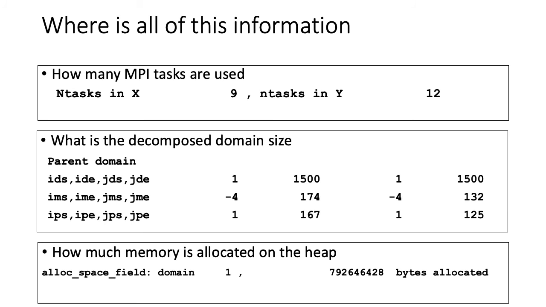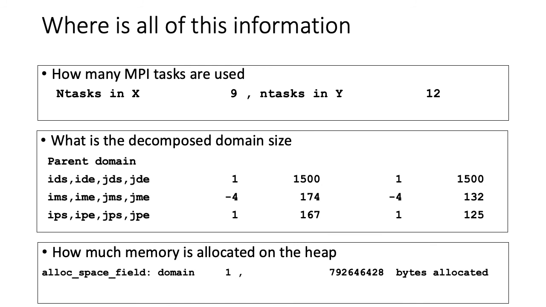For that particular domain size, 167 by 125, including some halo stuff, the total allocated space, and this is heap memory, so this is not something that is adjusted based on going in and out of a subroutine where we add to the stack and then the stack frame is thrown away. The heap memory is allocated at the beginning based on some runtime choices.